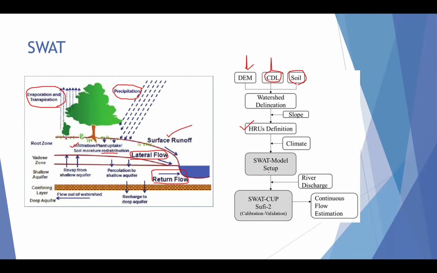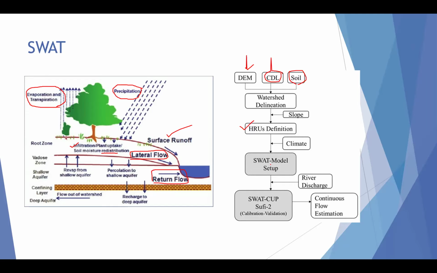Then you set up the model, and when you try to run the model, certain parameters need to be calibrated, because whatever parameters are required for the model cannot be given, as you cannot measure those things directly. So it requires calibration.